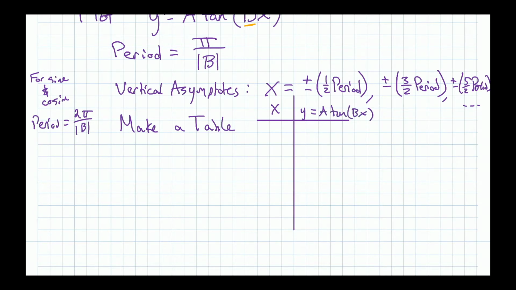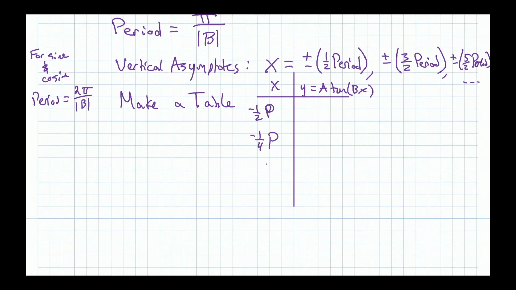So your x values, what you want are negative 1/2 period. Can I just put a P for period? Is that going to make sense to you? I think so. Negative 1/4 period, 0, 1/4 period, 1/2 period, right? And then the y values, what you got to do is the first one, there is not a y value there. This is where the vertical asymptote is.